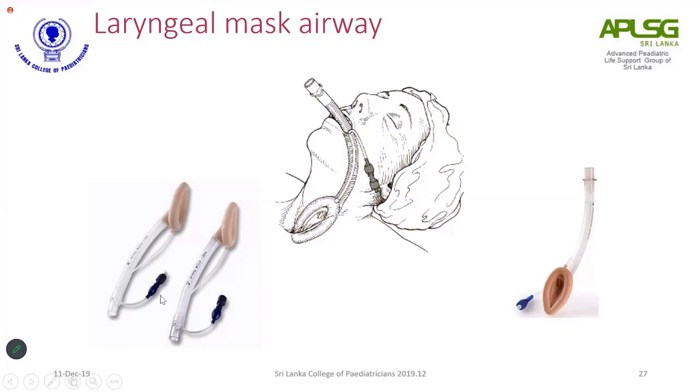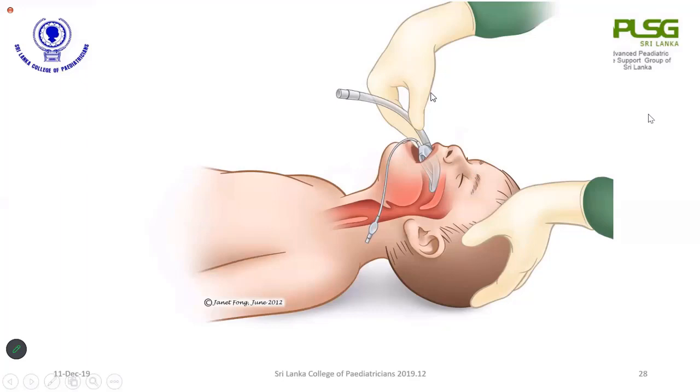So again, there are various LMA sizes according to the body weight and the size of the child. So you use the correct size. First of all you lubricate the end, and then with your index finger you slowly advance the LMA along the posterior palate of the patient. Before inserting it, you need to make sure that the cuff is deflated.